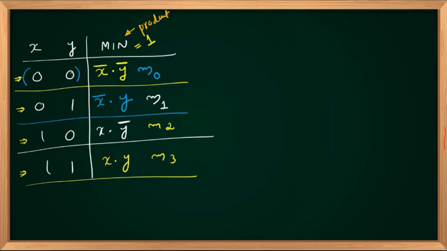Okay. So the property of a min term is that for that particular combination, we should make a product term, and that product term should return a logic 1 corresponding to that particular combination. Clear? And how to express the function f, we'll see later. No problem.